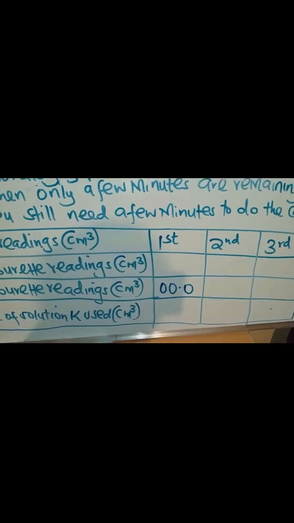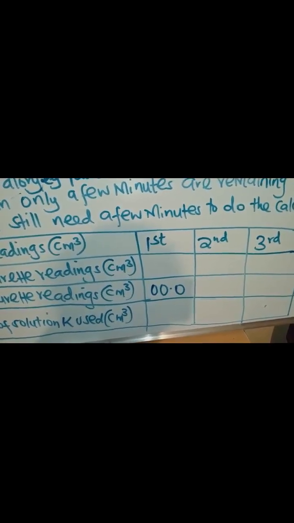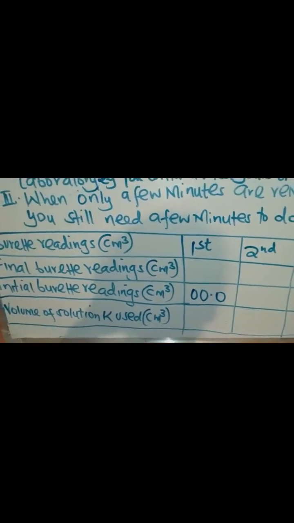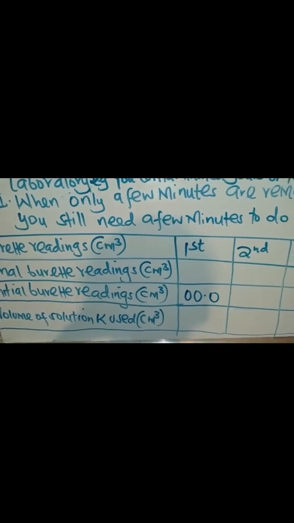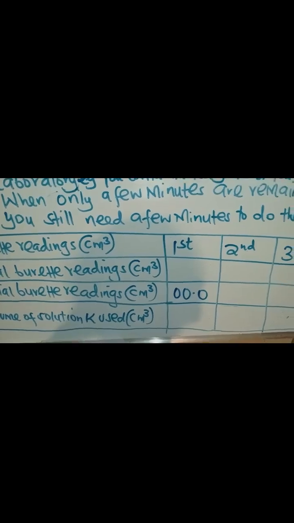And in our previous video, we said that it is recommended that you only use 1 decimal place. And I told you that that is what I would recommend for you, because it is what can be accurate for you when you are doing calculations. So once you indicate that the initial burette reading is 0.0, then you think of a value.